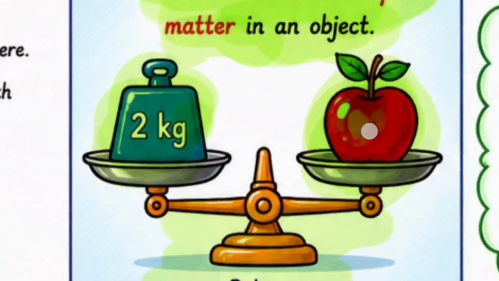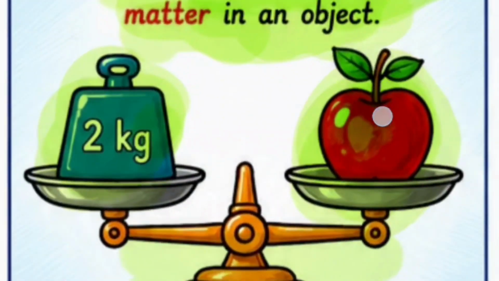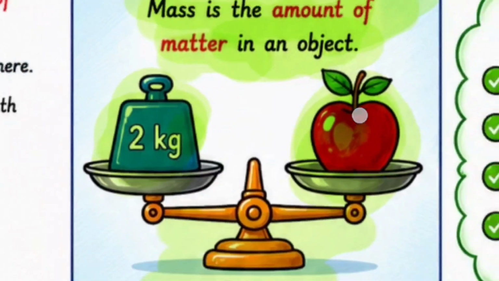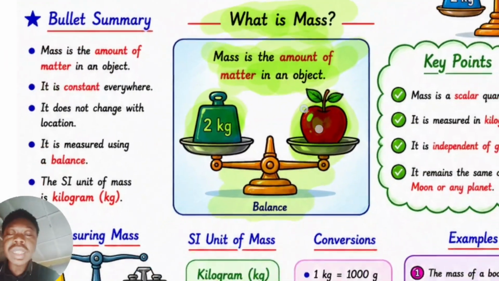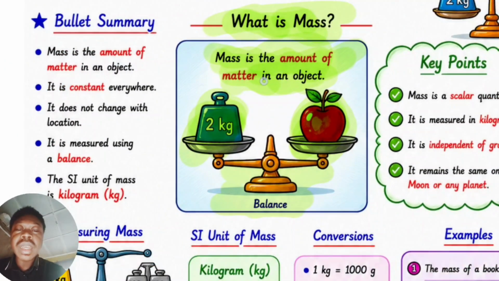Even though this is an edible material or fruit, and this is not edible, you can see that what makes up this object and what makes up this object are termed as matter, and they are weighing 2 kilograms each.